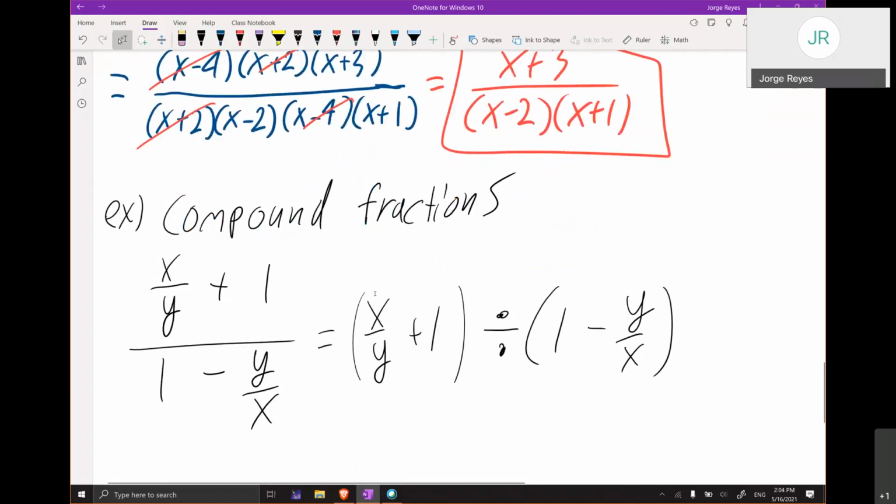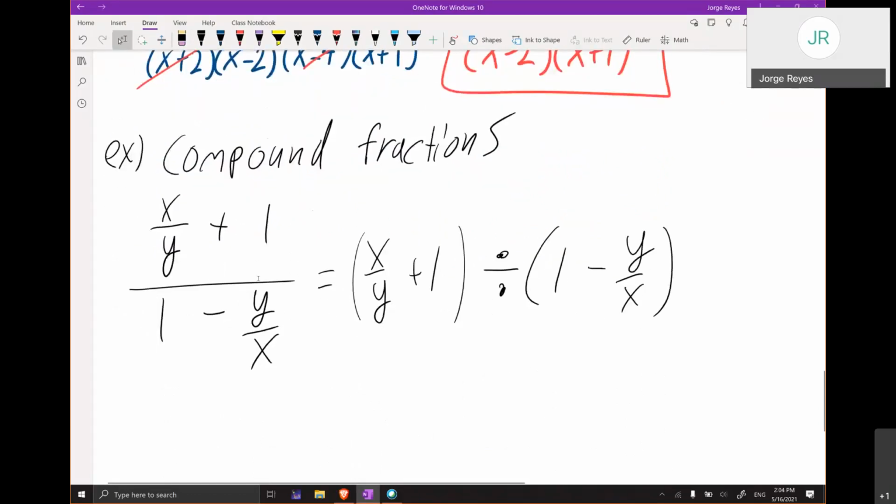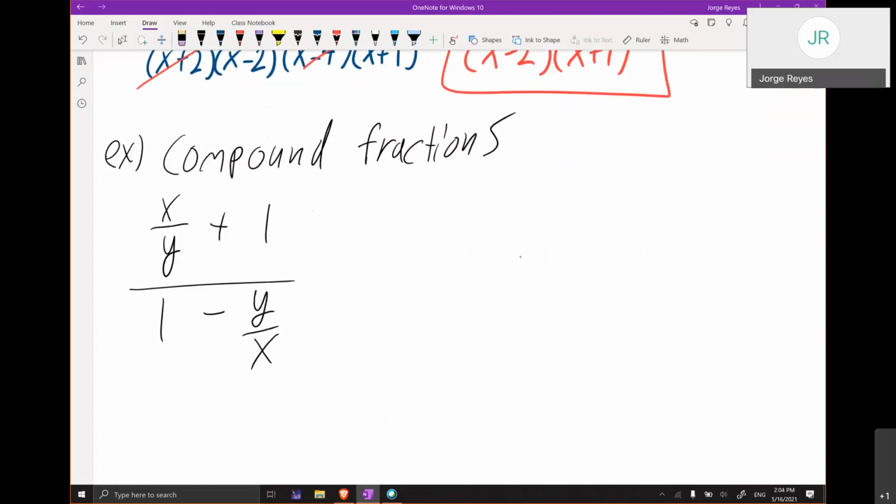So what you really need to do first is make everything a fraction. You want to find a least common denominator, or make these two things fractions before you do that. I'm going to do it the way everyone wants you to do it.